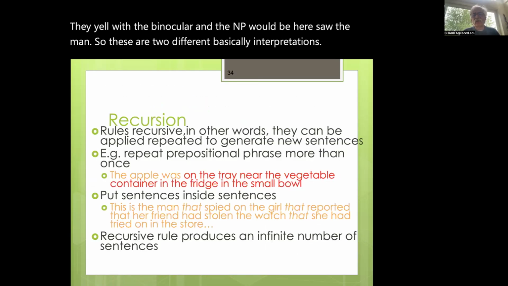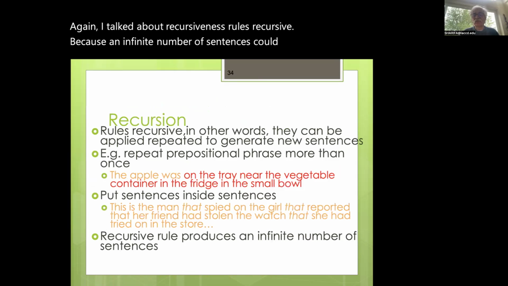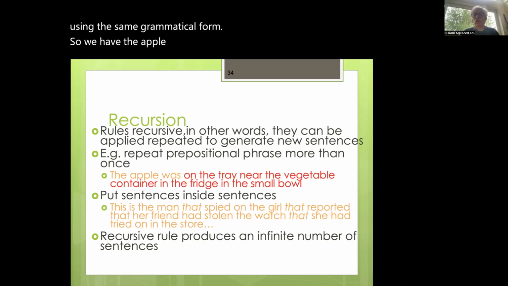Again, I talked about recursiveness. Rules are recursive because an infinite number of sentences could be constructed using the same grammatical form. So we have the apple was on the tray near the vegetable. It could be restated in so many different ways.